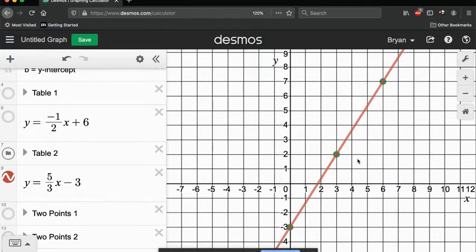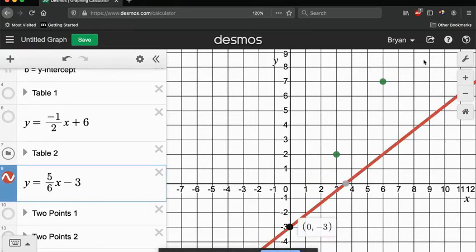All right, one last pointer I want to make is we went from here to here and said it's over 3, up 2. But what if instead I'd gone from here all the way to here? So now the x value goes from 0 to 6. So I think I'd change this to 6. And then the y value goes from -3 to 7, which would really be a change of 1, 2, 3, 4, 5, 6, 7, 8, 9, 10.